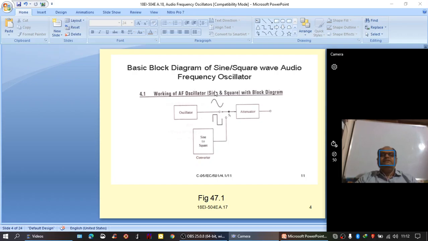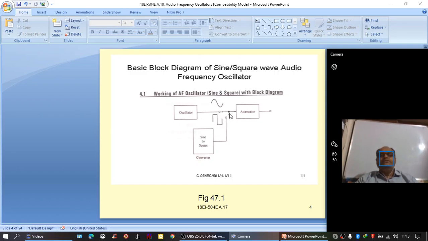This is the basic block diagram of a sine or square wave audio frequency oscillator. It mainly consists of an oscillator circuit, a sine to square wave converter circuit, an attenuator, and a function switch.